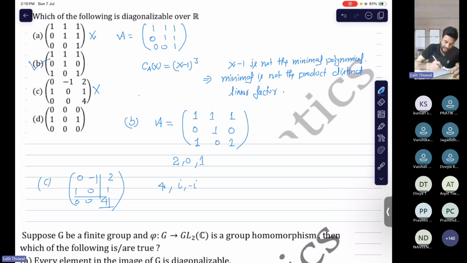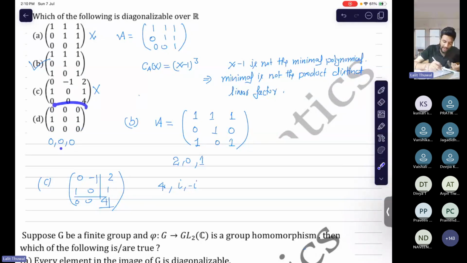this matrix has eigenvalues 0, 0, and 0. Why? Because this is a nilpotent matrix, right? If you square it or cube it, it will become 0. How do I know that? First of all, 0 is an eigenvalue because the determinant of this matrix is 0, right? 0 is an eigenvalue. And 0 is a two-times eigenvalue.